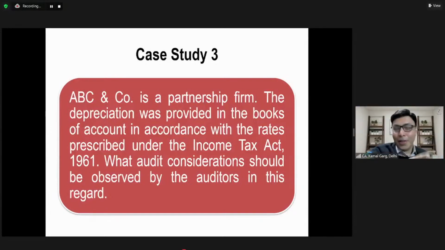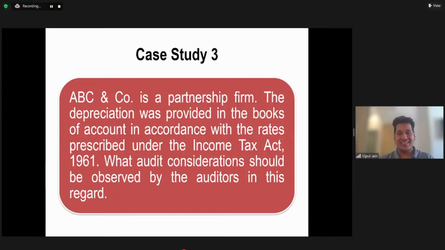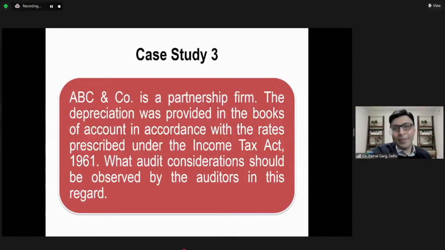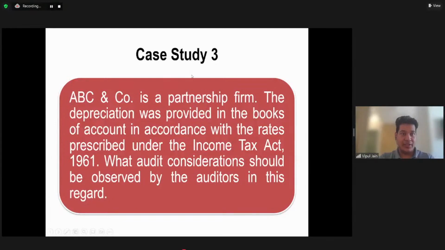This case study is also a case study for practitioners, and when I came to Guwahati, I found this question is also being mistaken by practitioners. So this is one of the common errors going on. I'm just waiting for Jay to give me the why and how of this what.